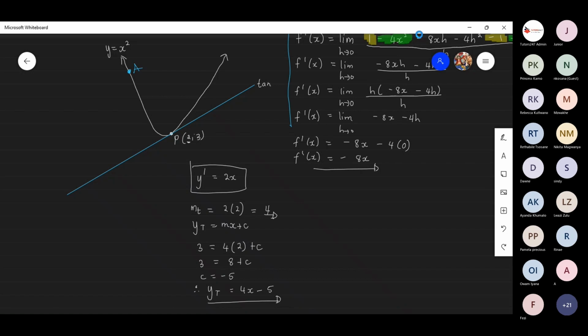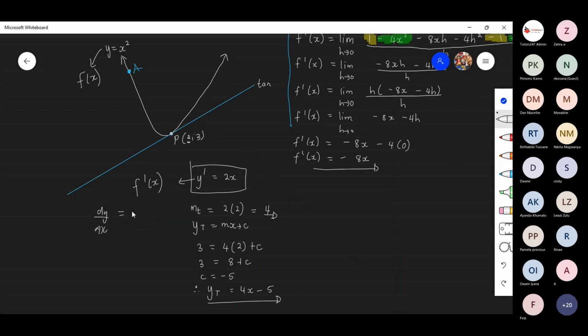So in this case, we found our derivative. It might be slightly confusing because I used a different notation. Keep in mind this y prime represents f prime of x, and this y represents f of x. It's just the derivative representation. I could just as easily have written it as dy dx equals 2x.